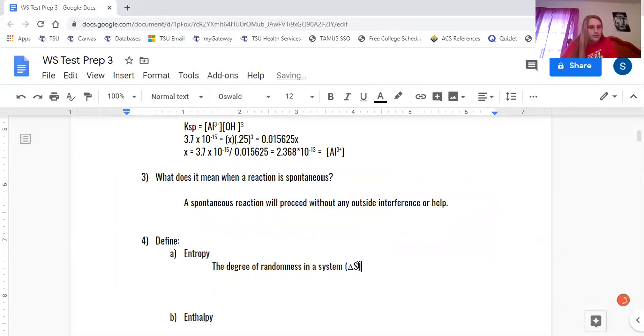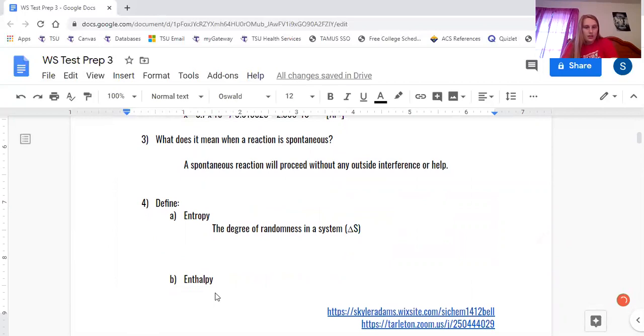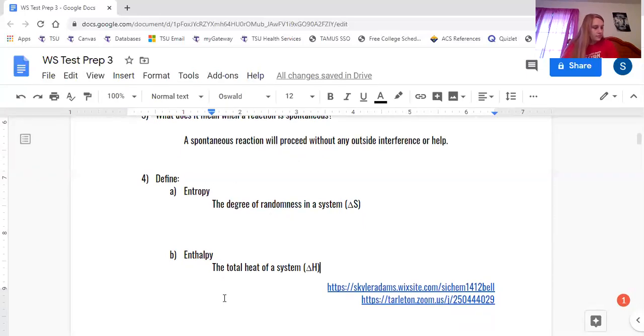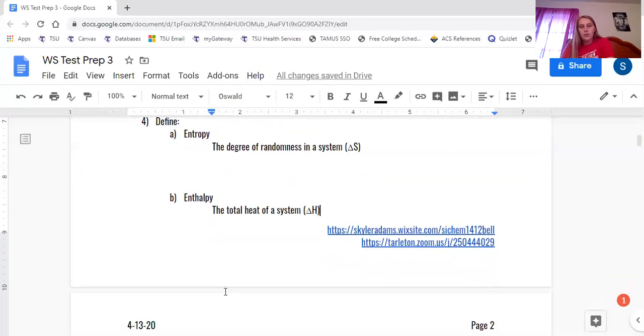So we have delta S. And then define enthalpy. And enthalpy is going to be the total heat of a system. And that is going to be delta H. Okay. Go ahead and keep going.